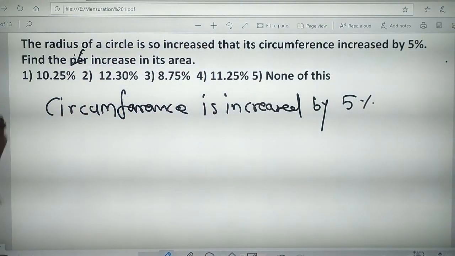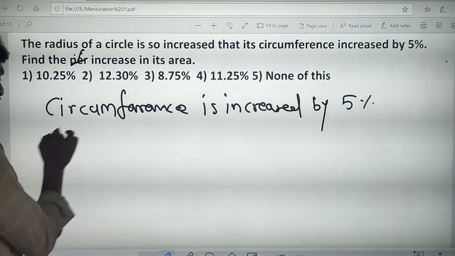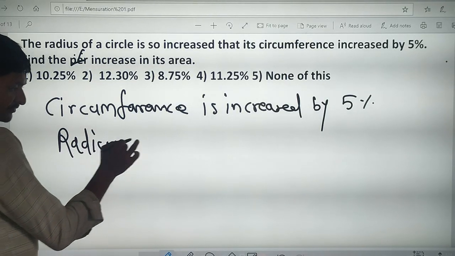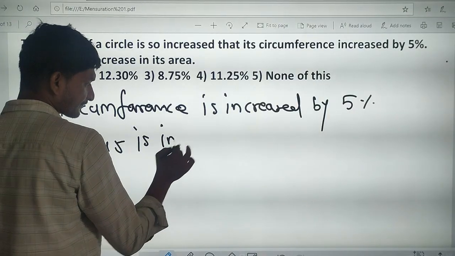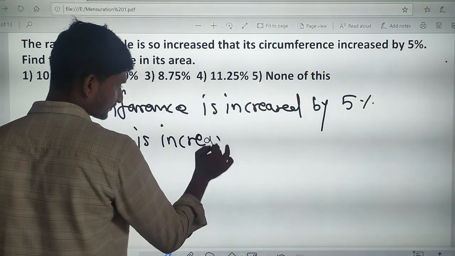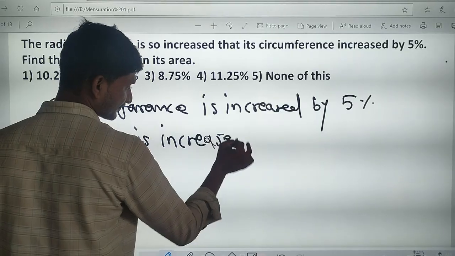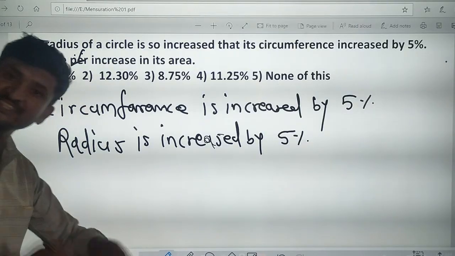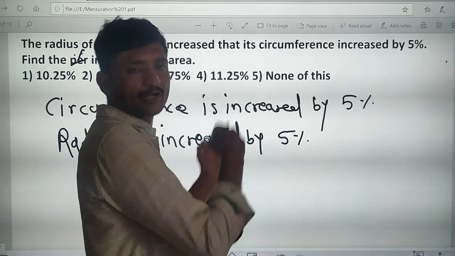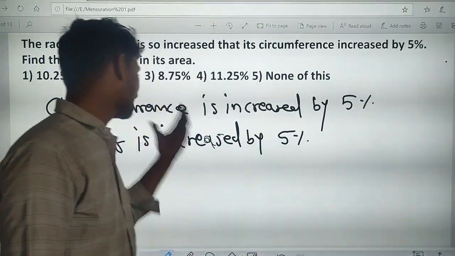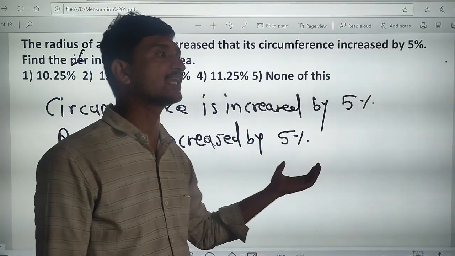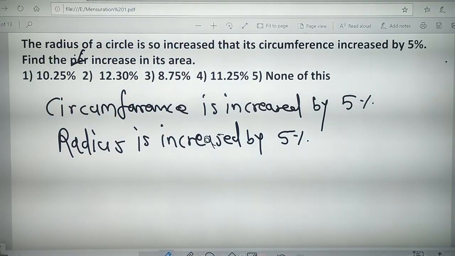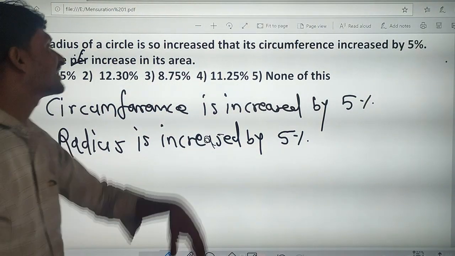Then your radius is also increased by 5%. If radius is increased by 5%, then circumference is increased by 5%. If radius is increased by 10%, then your circumference also increases by 10%. Then find the percentage increase in the area.